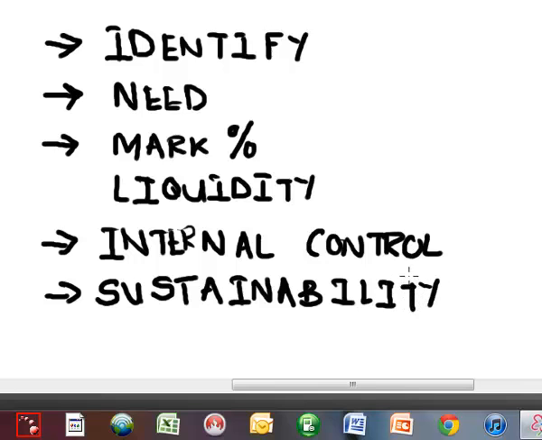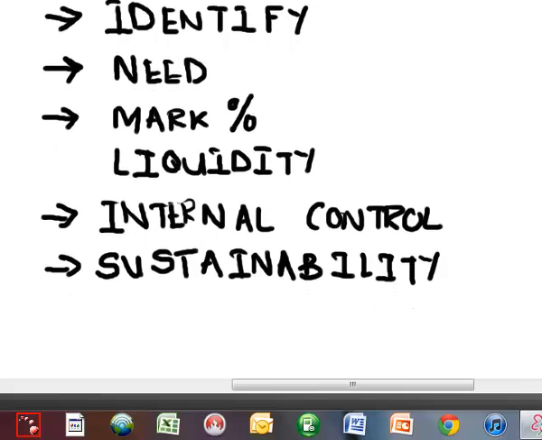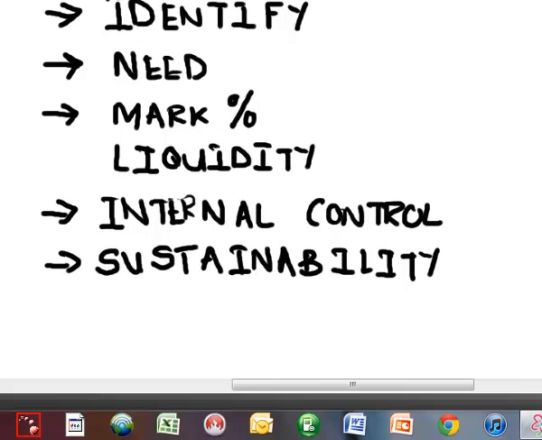All of these would form part and parcel of the analysis and interpretation of financial statements. Definitely, having done all of that, one must now be able to use logic and understanding to do your necessary calculations.